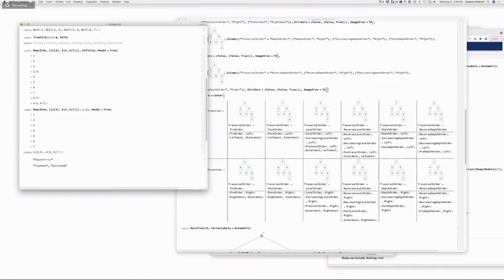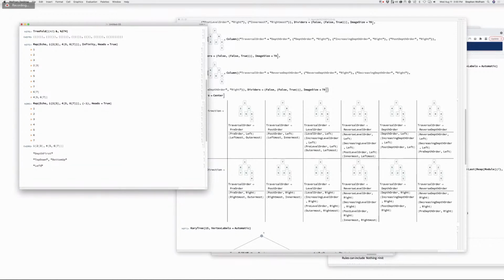So then we've got left and right. But we also should support, okay, what is outermost versus innermost and so on? It depends on whether you do outermost before or after the leftmost. There's a difference between leftmost, outermost, and outermost, leftmost.